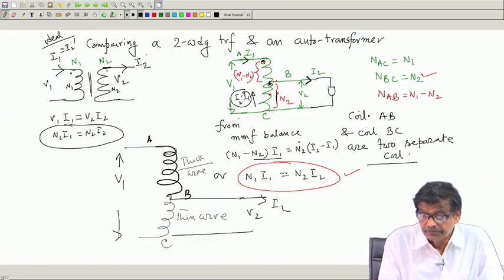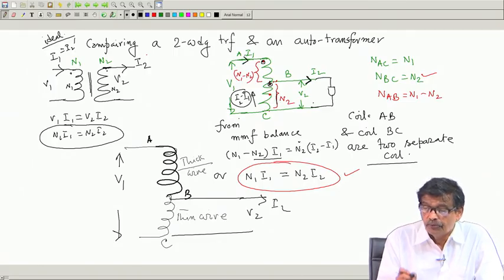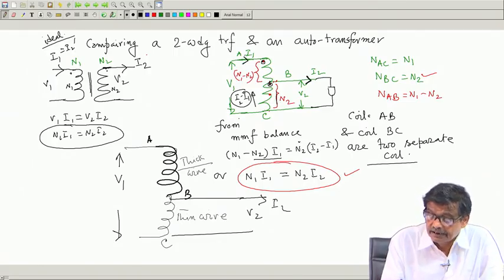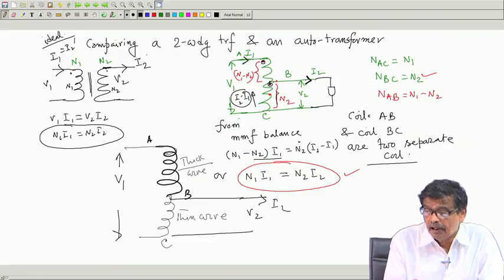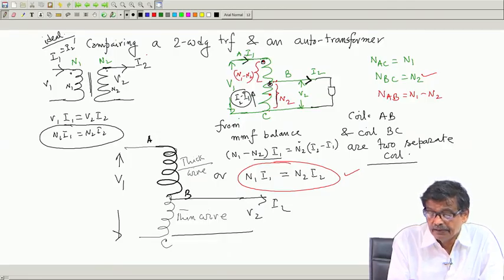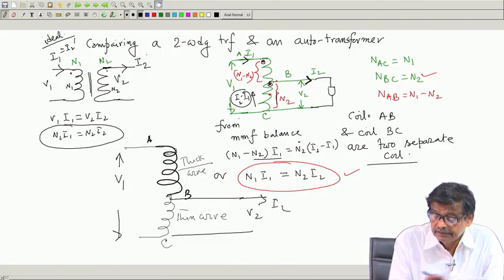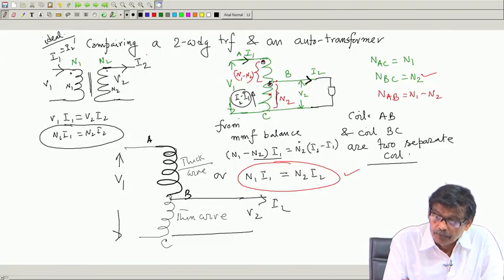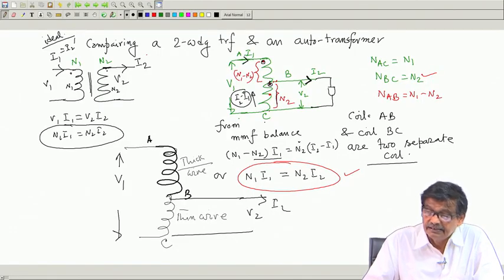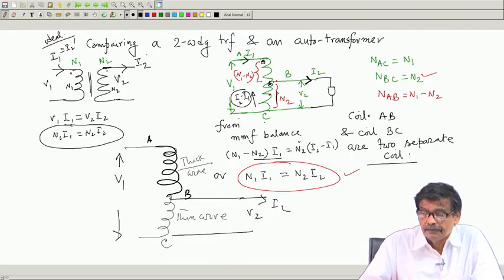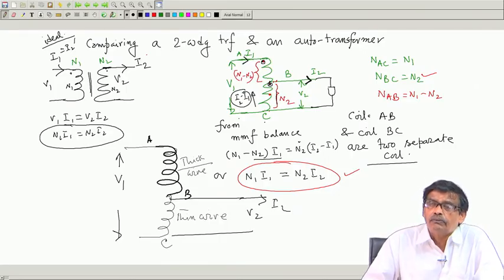But looking carefully, if this current is I 2 and this current is I 1, then the current in the common portion BC is the difference of these two currents, and the currents, as you know, are in phase.